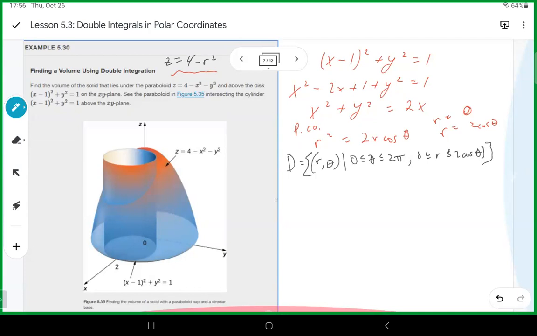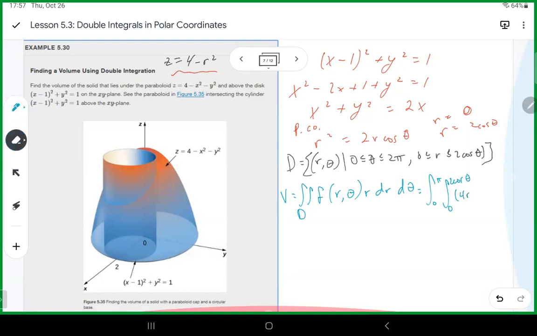So the volume... okay. Now I'm going to try to get this all in on one slide. We do have the room this time, unlike some of the ones last time. So then the integral of 4 minus r squared, r dr d theta.